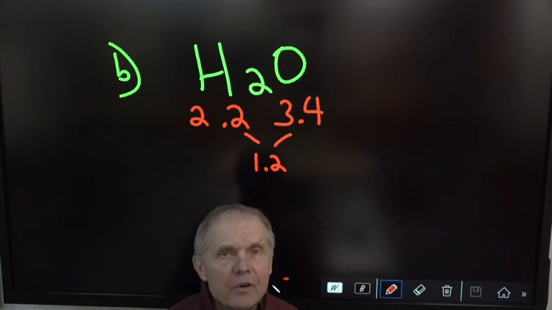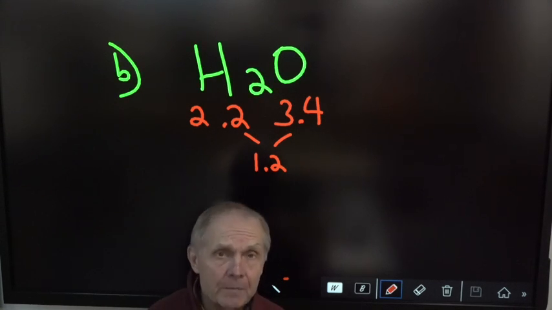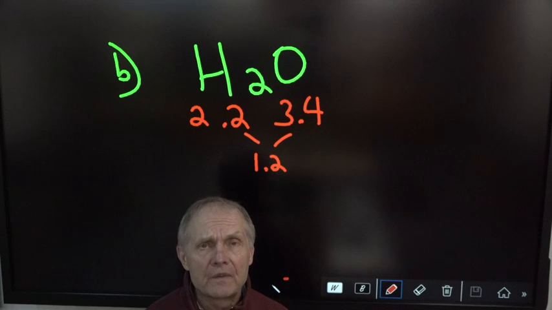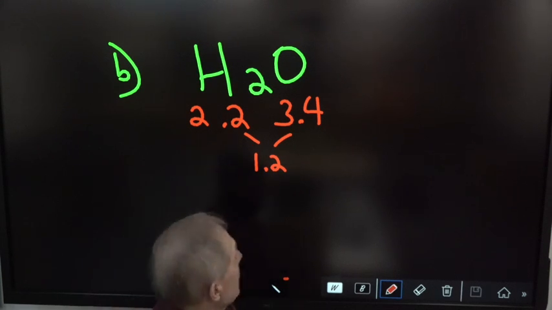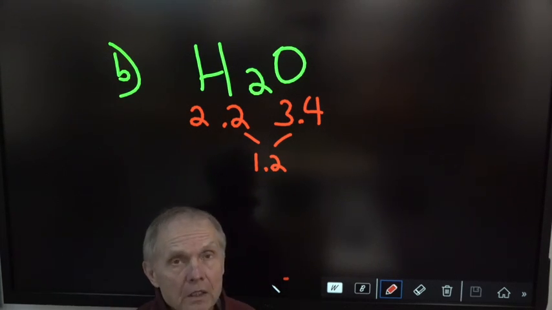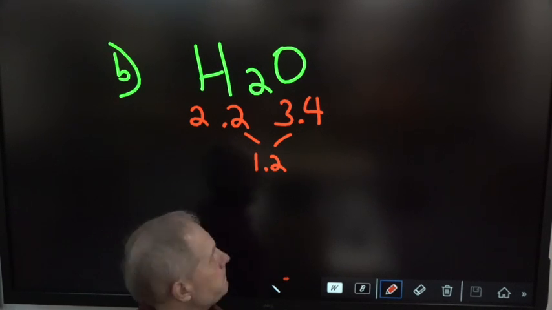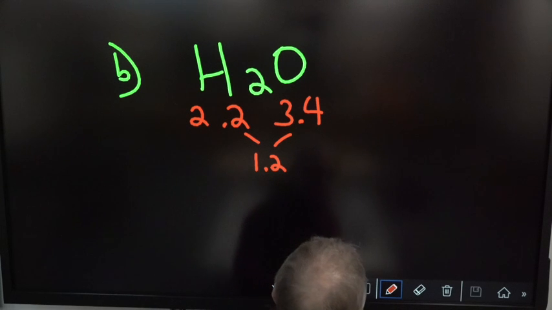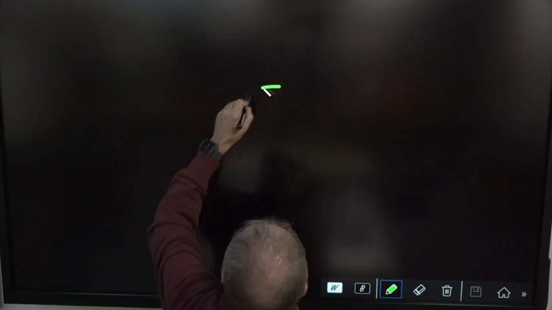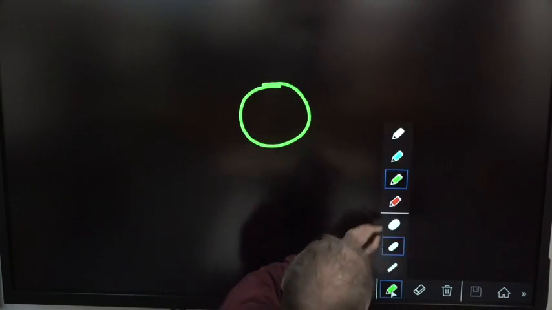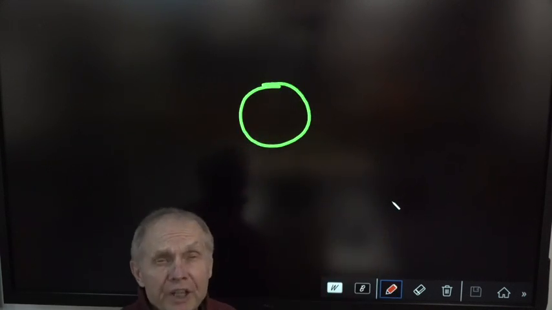And remember, for an ionic bond between a metal and something else, the electronegativity difference is normally 1.7 or higher. But this is 1.2. This is pretty strong. So now let's electron dot H2O. We're going to start with O. O is in group 16.